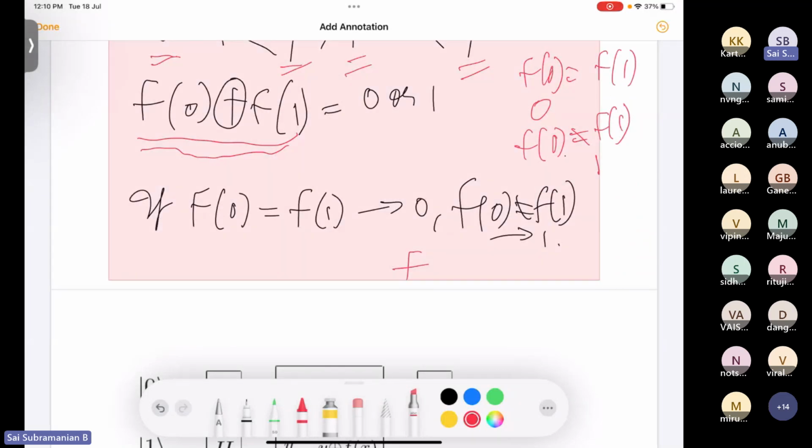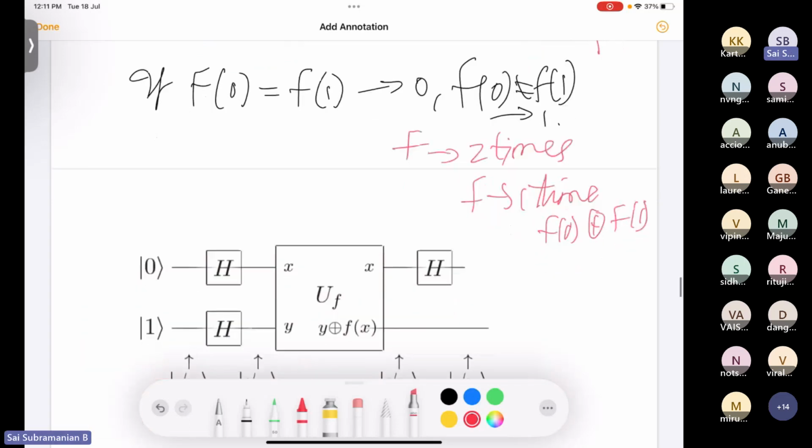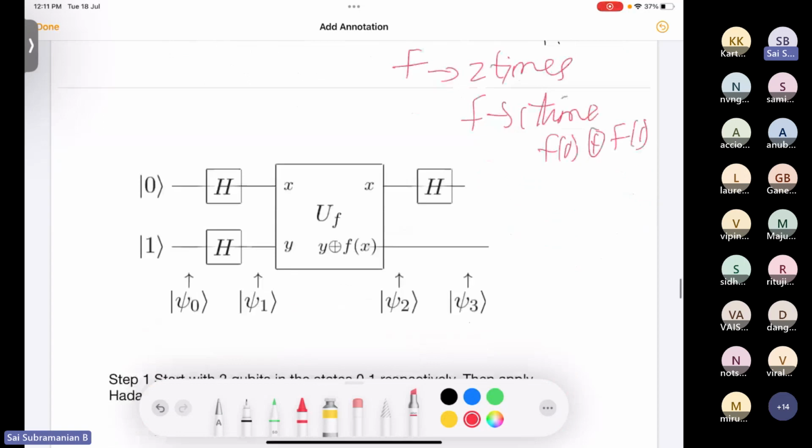And for all of our examples, these functions are the complicated ones, so this is the one that will take the longest time. It could be some very complicated function for all we know, so this takes a while. What we're going to show is that in quantum computing, we need to operate f only one time, and that is enough for us to find f of 0 exclusive OR f of 1.